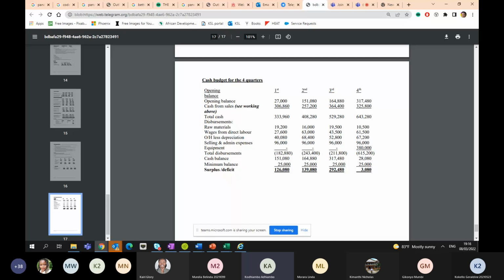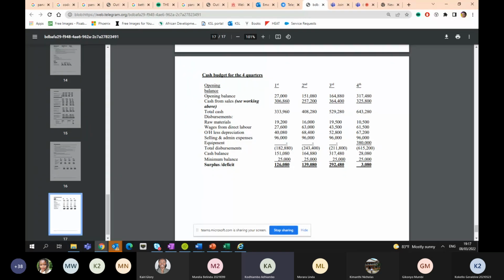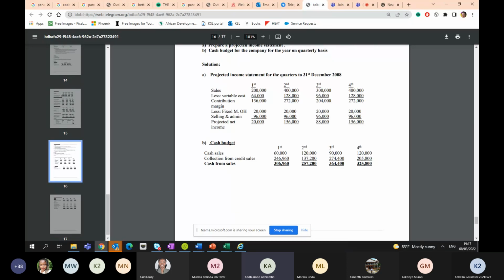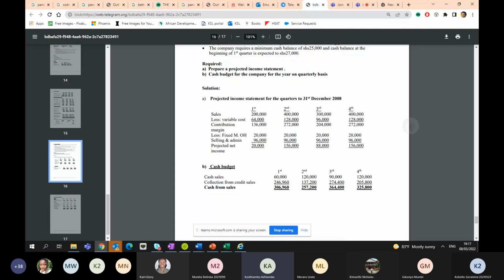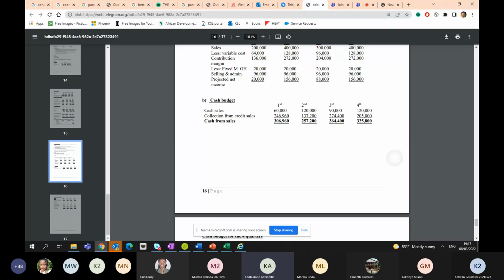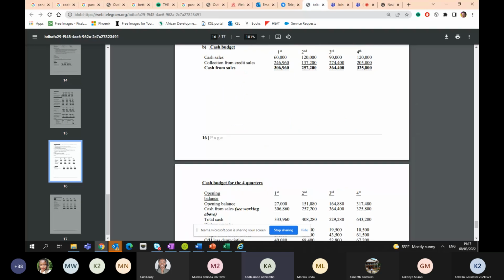Once you have these, you will have your cash balance and your minimum cash balance. With the cash budget, you want to see what is surplus and what is not. If you need a minimum requirement, then that will not be your surplus. It will be part of your cost, in quotes. That is why we have the 25 there. Now, we need to have the opening cash balance.